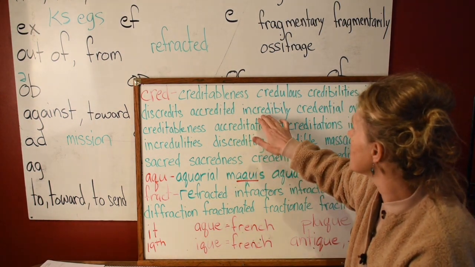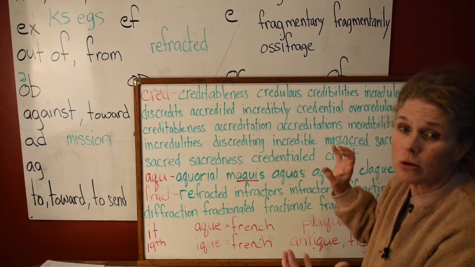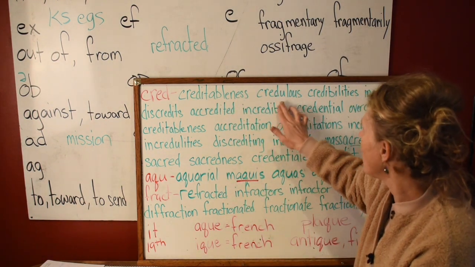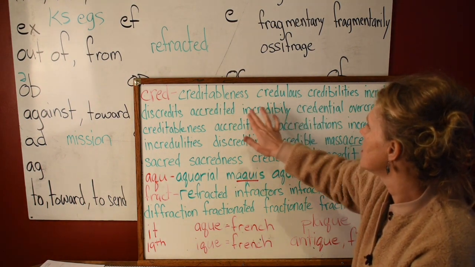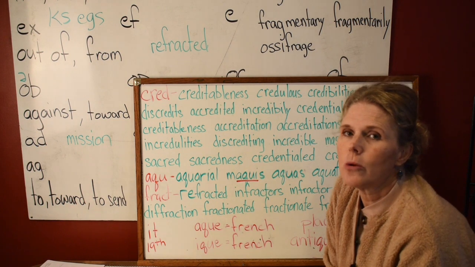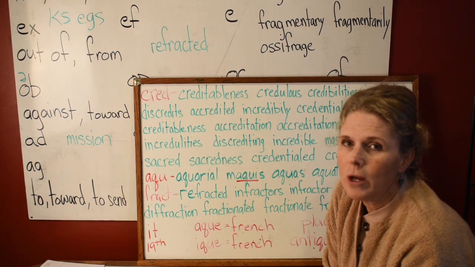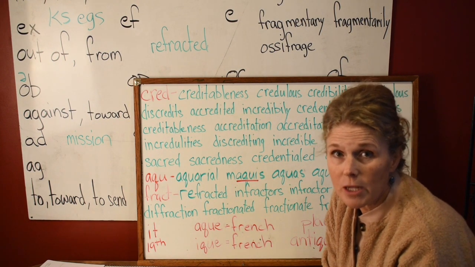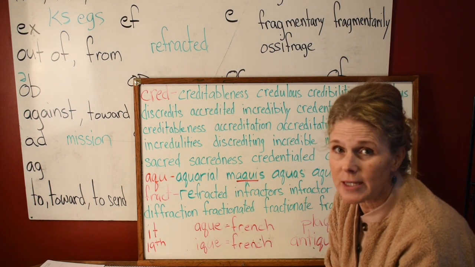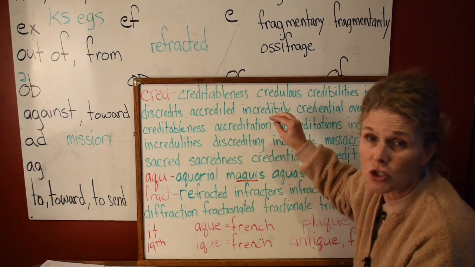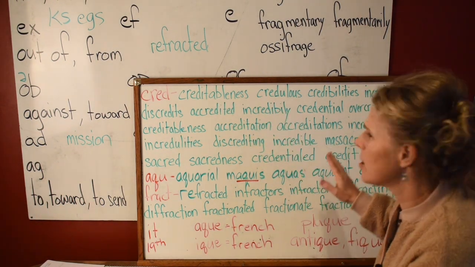Cred means believable. Into, it's into believing. Does that make sense? Yeah. How do we believe it? Incredibly. So ly means how. You should always remember that ly means how because it will help you place it as an adverb almost always. Sometimes they're adjectives, but almost always ly will be an adverb and it's going to be describing. And we'll go into all of that later.